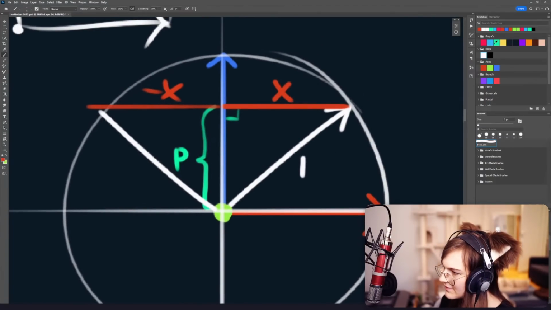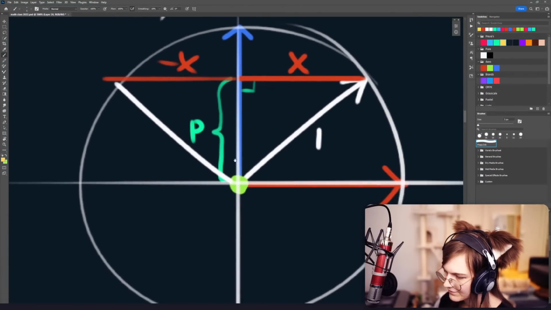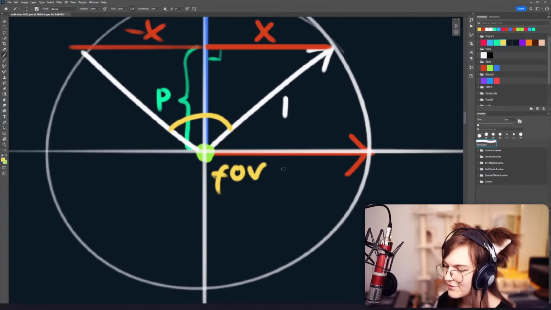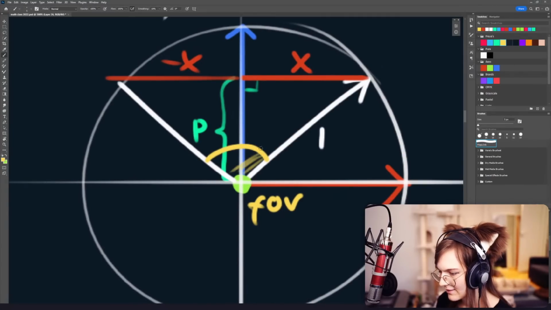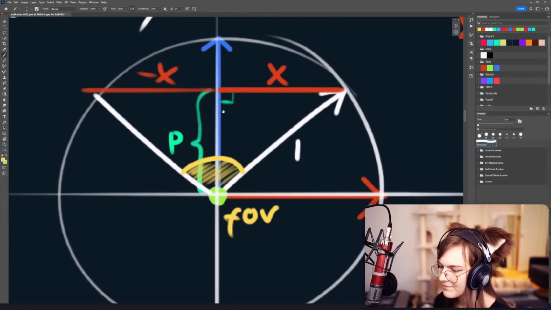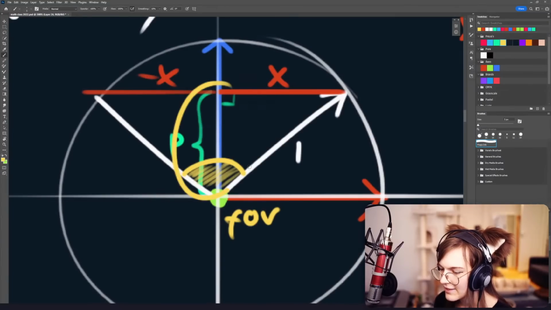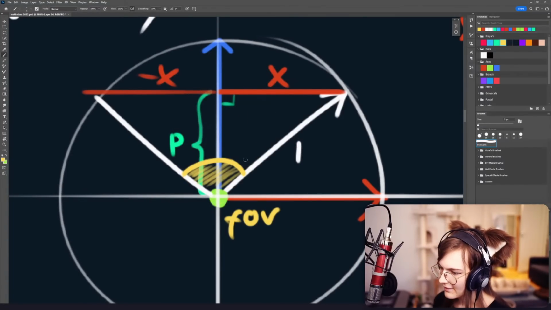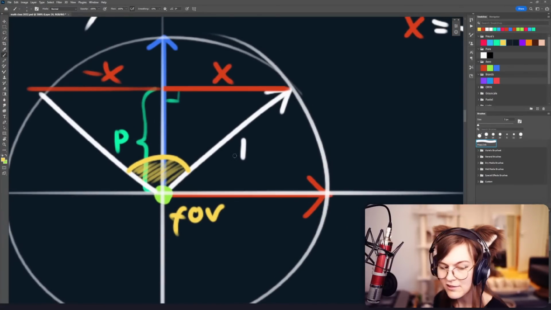So it's not half the angle, it's the full angle here. So that is our field of view, right? So if this is our angle, we need to figure out how long this is, right?